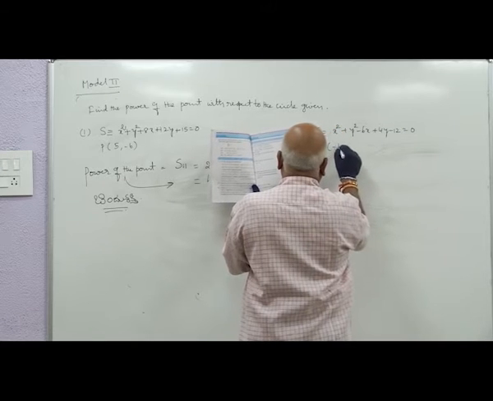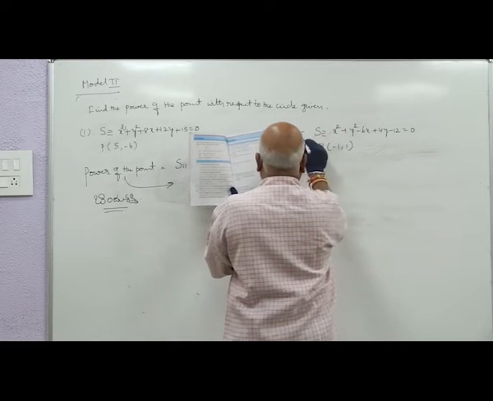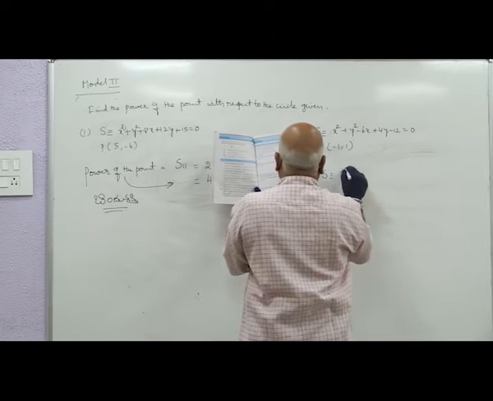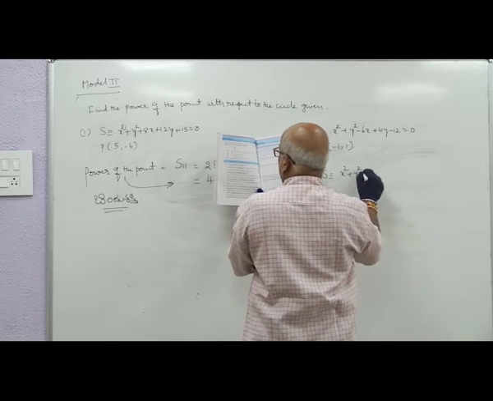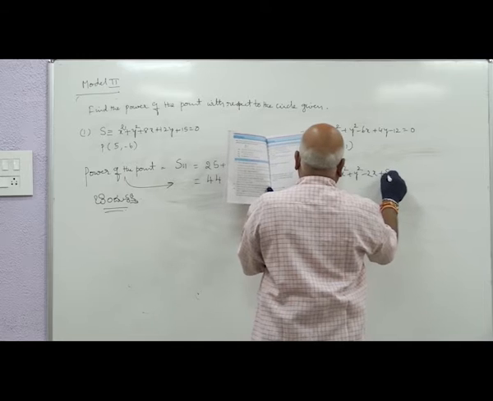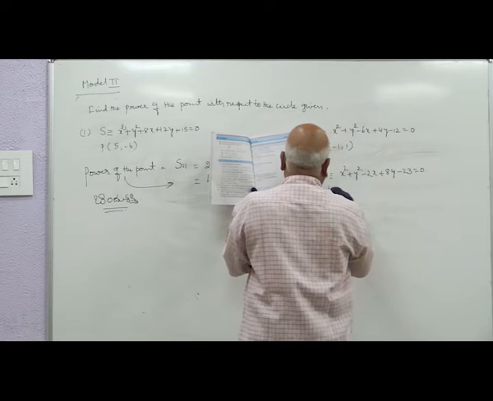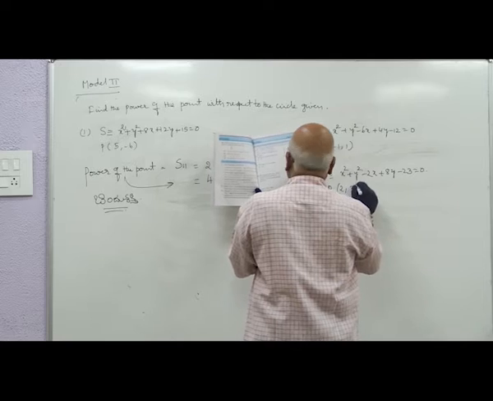Point is (minus 1, 1). Second one, S equal to x square plus y square minus 2x plus 8y minus 23 equal to 0. Point is (2, 3).